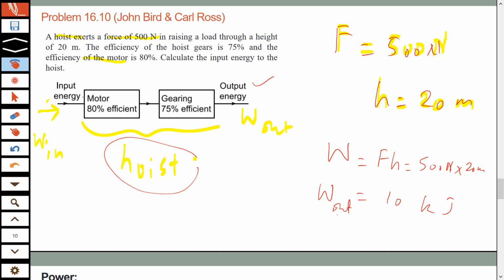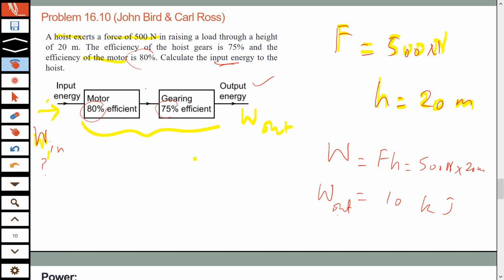Now because it involves a motor and a gearing, the motor's efficiency is 80%, and the gear's efficiency is 75%. If this is Win, calculate the input energy. This is the unknown. We want to calculate the input energy.